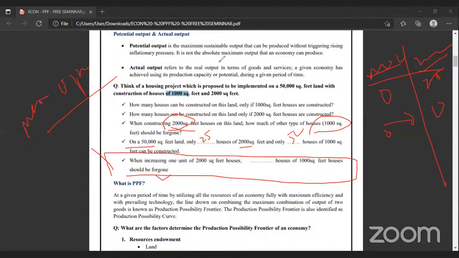That means you said if the 1,000 square feet houses are constructed, then how many 2,000, you're asking the other way around, right? No problem. So we will go through this way and I will tell you the answer for that, right? And how to calculate the unit base now? When they are going to produce 1 unit of 2,000 square feet house, because in the PPC this point we are talking about one way of answering the method.